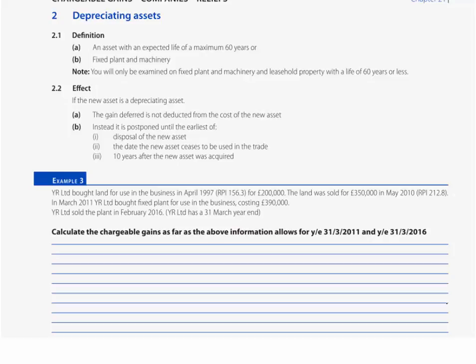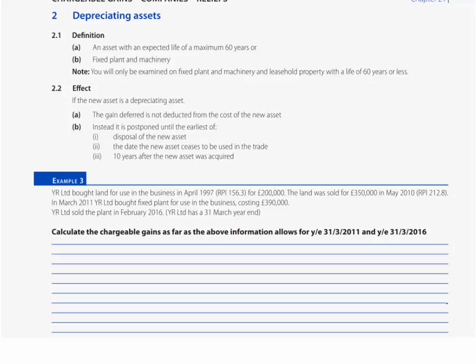Instead, what I've referred to as holdover relief would apply. When you look at answers produced by the ACCA and by the various approved authorised providers, they will still use the term rollover. I've simply tried to distinguish what we have done in terms of rollover and now holdover, because this time there is no deduction from the base cost of the newly acquired asset.